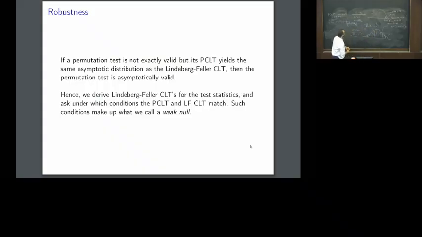Imagine that this distribution, this PCLT, goes to, as here, a normal with some variance. Let's call it variance P instead of variance hat. And imagine that those variances match. So now, this randomization distribution is going to match in the limit the true frequentist distribution.